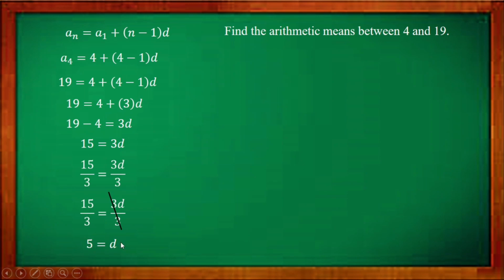And for us to check whether our answer is correct, we are just going to list those given terms and add this common difference until we arrive at our goal, which is to find the two arithmetic means between 4 and 19.